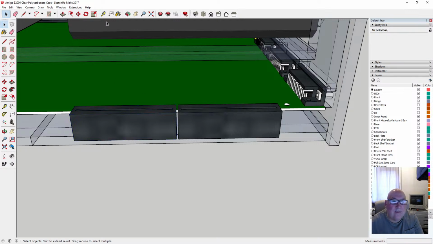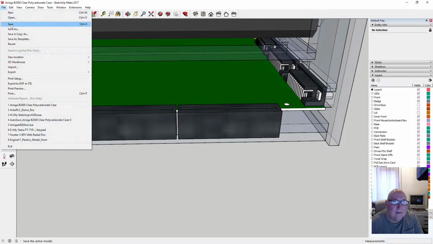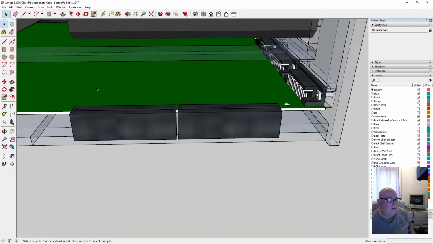Right, we've got that there, so we need to put some lines on the board, so we need to measure the board. Right, what have we got there? 10 mil? .5 mil.